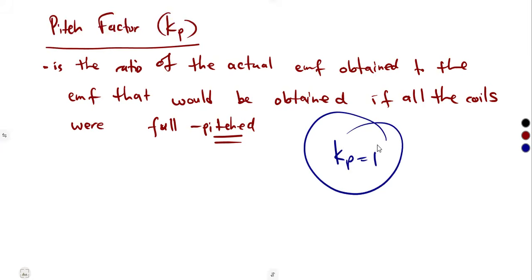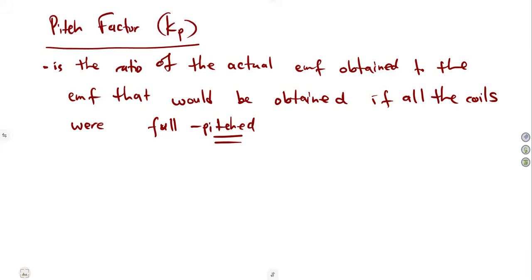So that is the condition that would be obtained. But in a normal consideration, we are not going to be given that. It is going to depend on the pitch factor value that we are given. So this one, guys, we need to actually understand, our pitch factor.